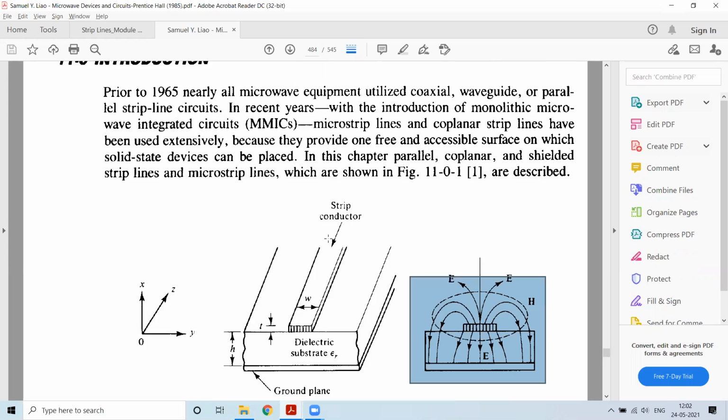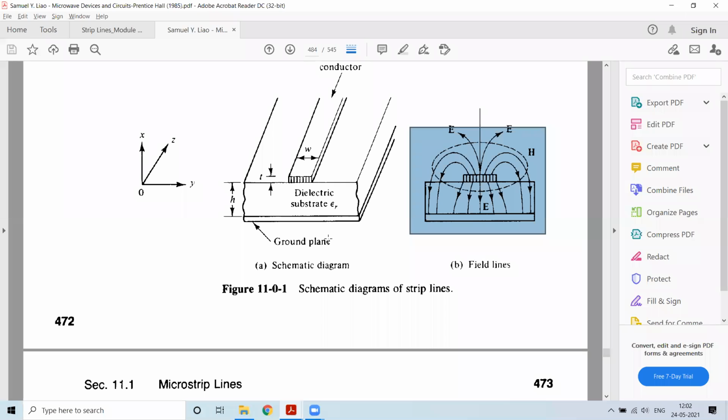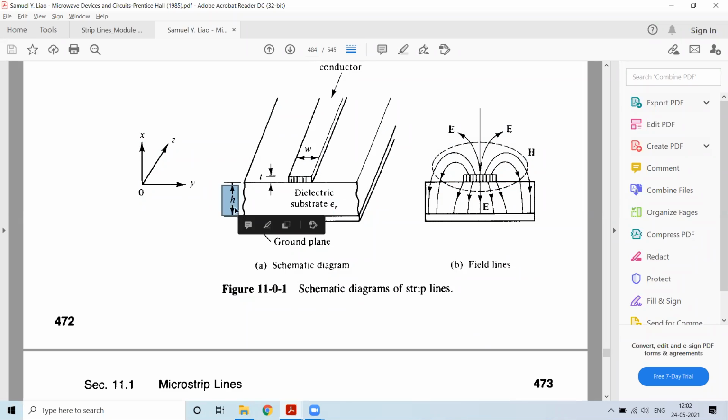So this is what a strip line will look like. It will have a dielectric substrate, and the substrate relative permittivity is given by epsilon r. The substrate's height with respect to the ground is h, and this h is where the strip line is present. The strip line width is w, and this is the thickness of the strip line.